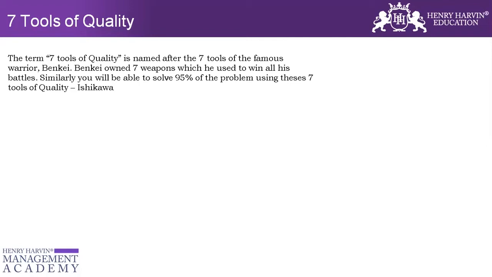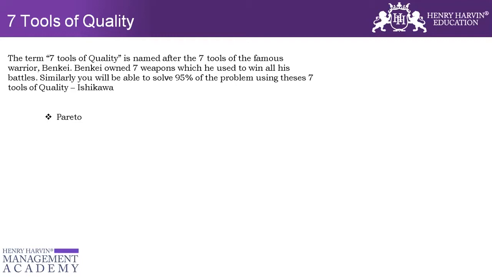From there this seven comes from, and in Six Sigma and quality, the 7 best tools have been categorized and listed, and it has been proven that if we work on these 7 tools with full focus, we can resolve 95% of the problems that we are currently facing using these 7 tools. So that's why the 7 tools of quality are very, very important.